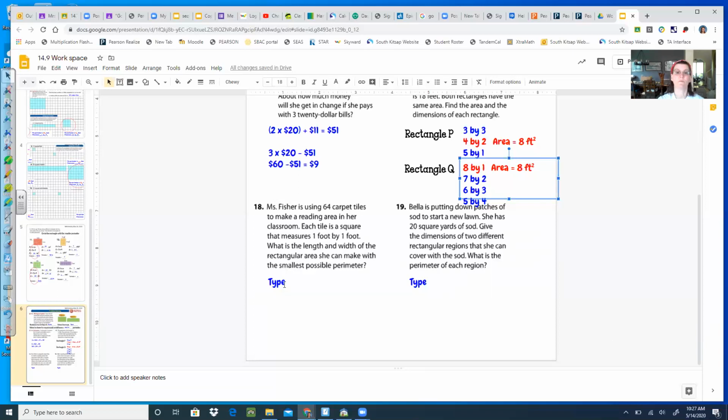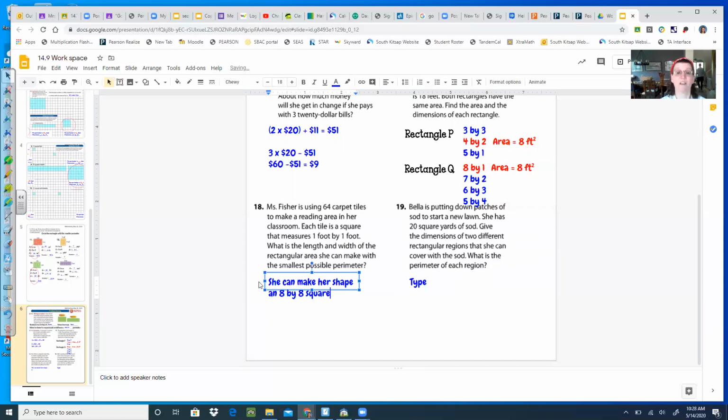So she can make her shape an 8 by 8 square because it has an area of 64 square feet and a perimeter of, so 8 plus 8 is 16. 16 plus 16 is 32. There we go.